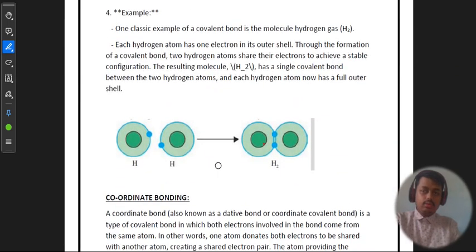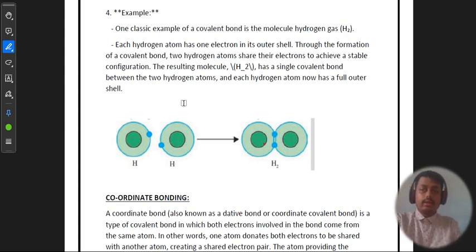Now, if we look at hydrogen, which is an exception to the octet rule, it follows the duet rule, but it forms a covalent bond. Hydrogen has 1 electron in the outermost shell, and this electron forms a covalent bond using the outermost shell and forms the basic H2 bond.